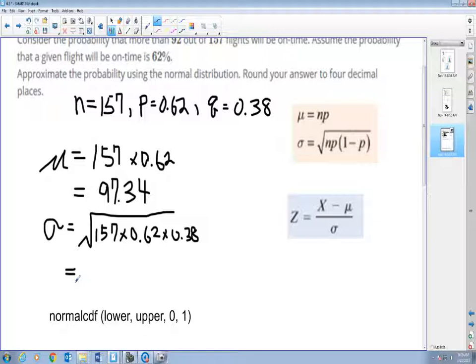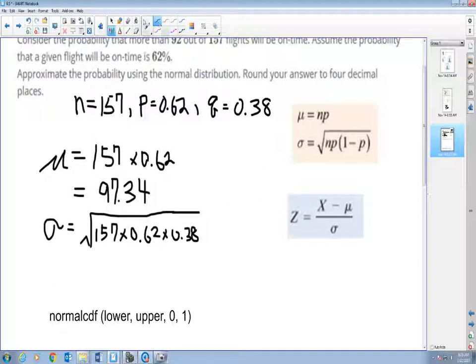Just to be more accurate on my answer, I'm actually just gonna leave this like it is when I put it into this formula, because I don't want to do any rounding in the middle of my process.